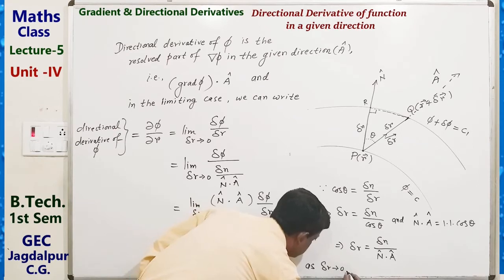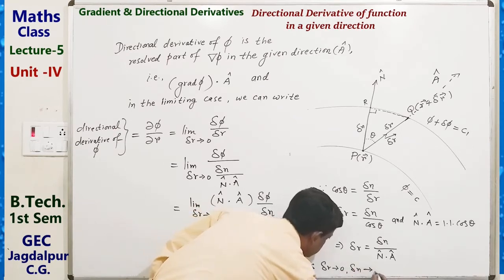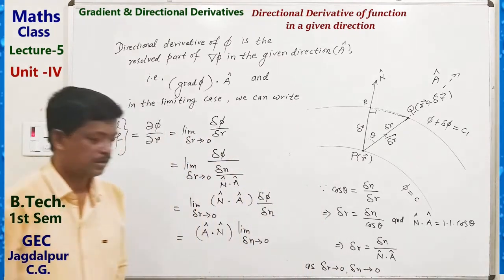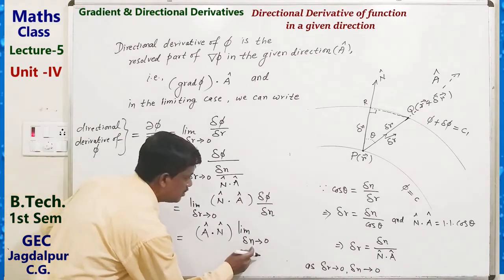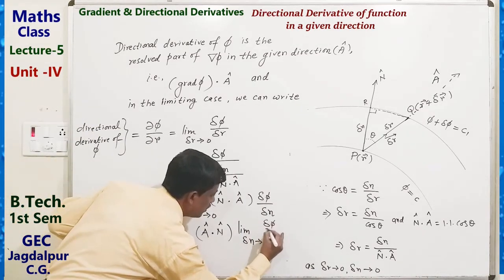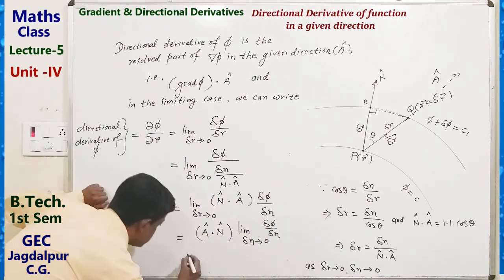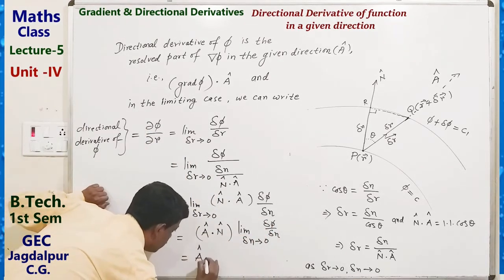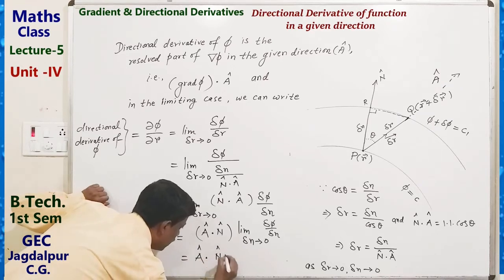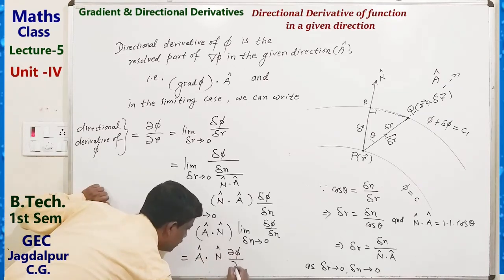Delta n tending to 0, delta phi by delta n is del phi by del n. So a cap dot n cap del phi by del n.